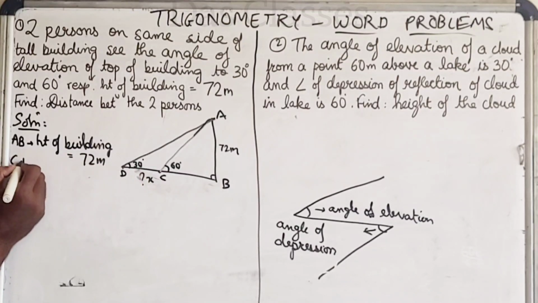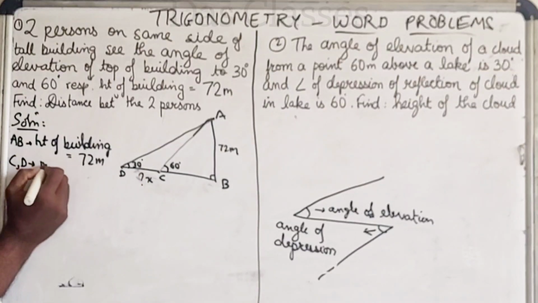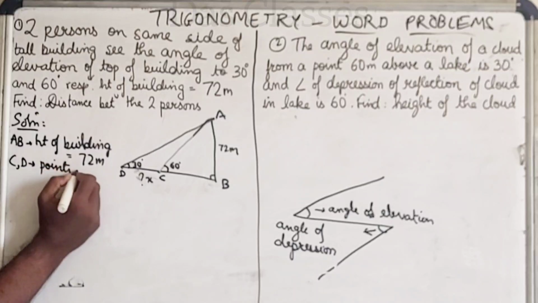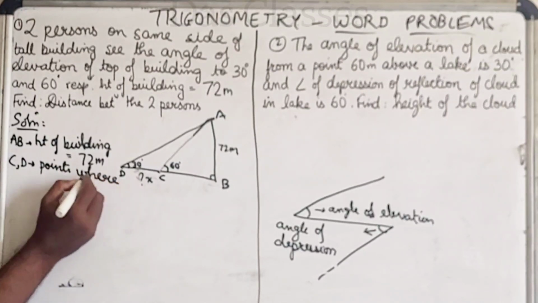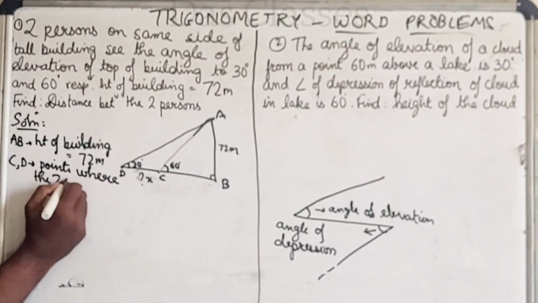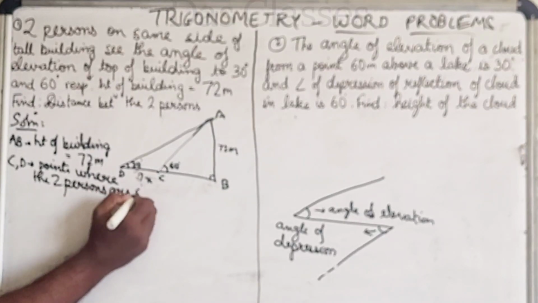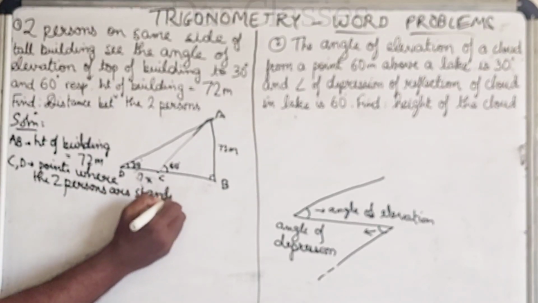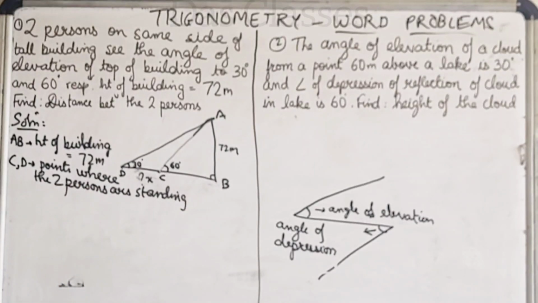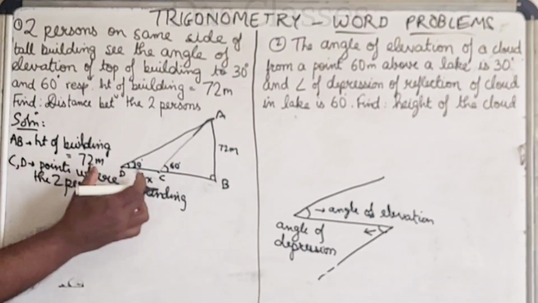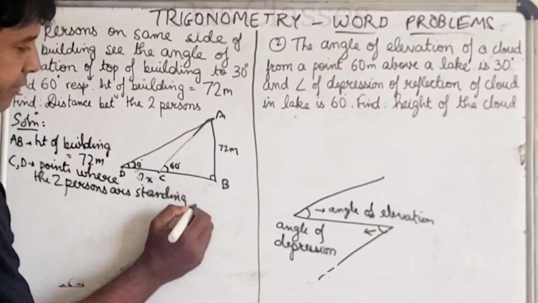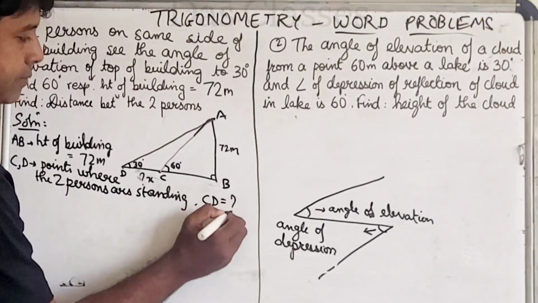C and D are the points where the two persons are standing. And we have been asked to find the distance between them. So basically we need to find out what CD is.